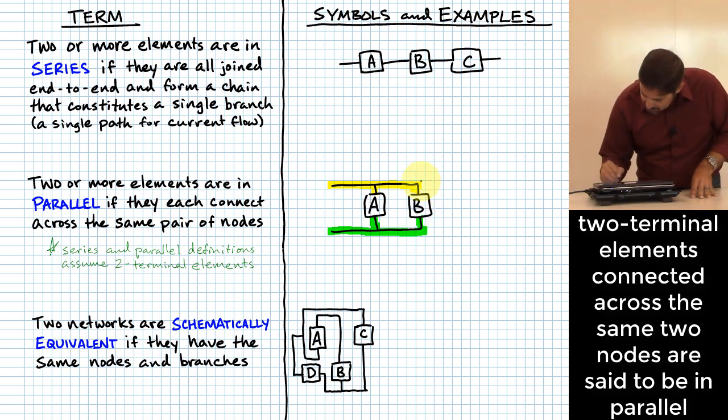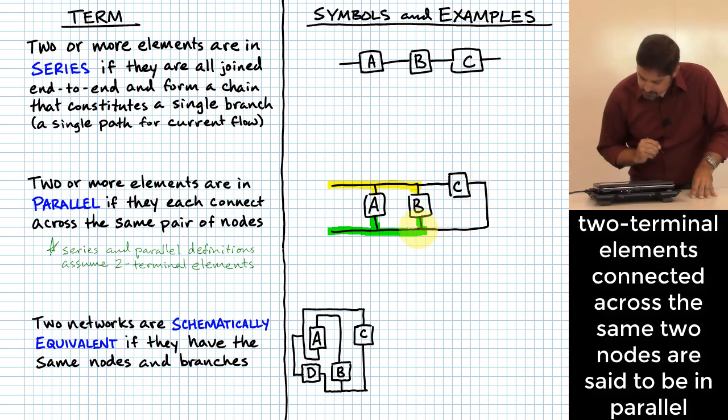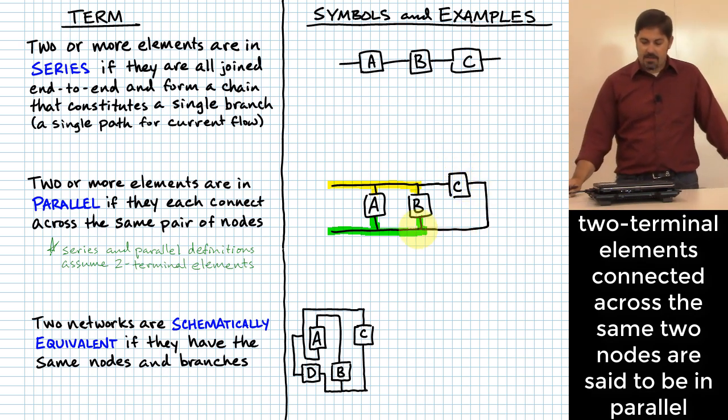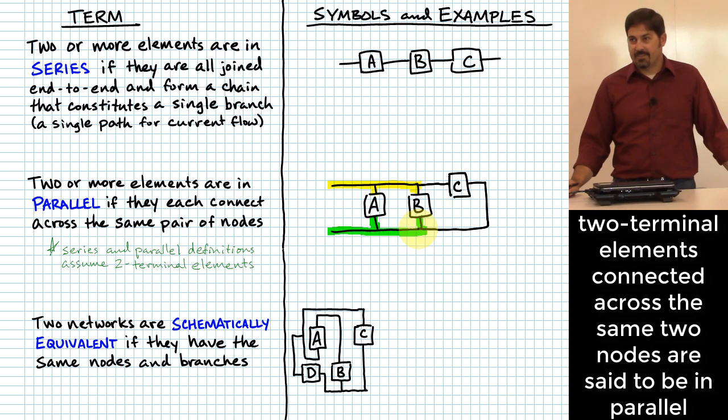What if I was to add another branch of this circuit and put an element C over here like this? Is C in parallel with A and B? How do you know that? Does it look like it's in parallel? Well, it kind of depends on how you draw it, right? How you draw it, though, is not the important thing. It is, what is the meaning of parallel?